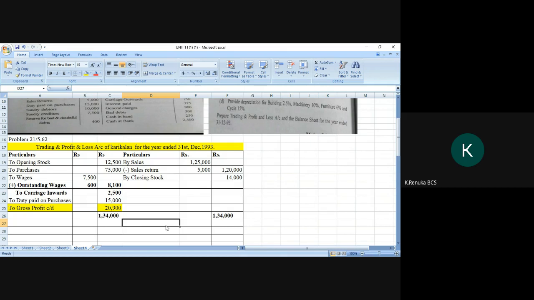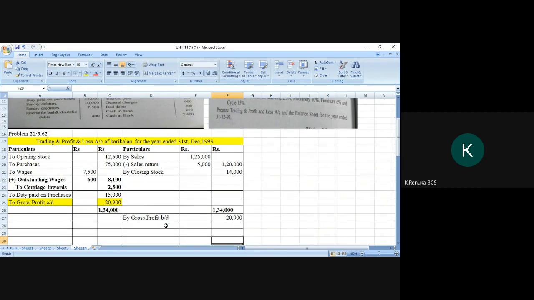While preparing the profit and loss account, you need to start with your gross profit, which has to be brought down from the trading account. It is an income, so I am posting it on the credit side: by gross profit brought down. The value was 20,900.